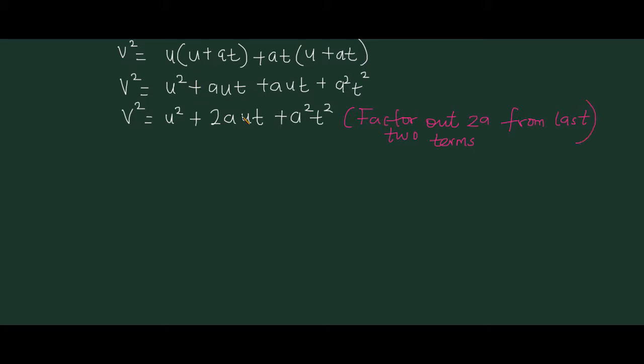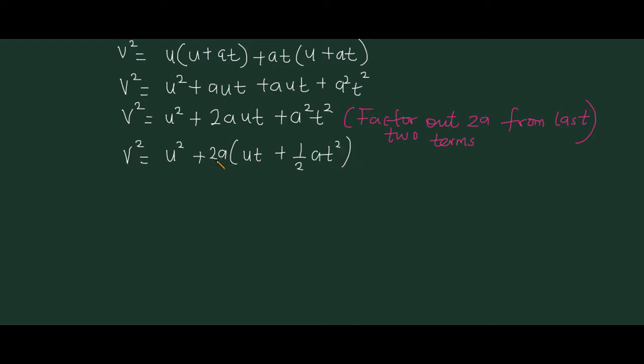By doing that, it is as if we're finding the HCF of these two terms. This is the first term, 2aut, and we have a squared t squared, that's the second term. If we factor it out correctly, we're going to have v squared equals u squared plus 2a into bracket ut plus half at squared.